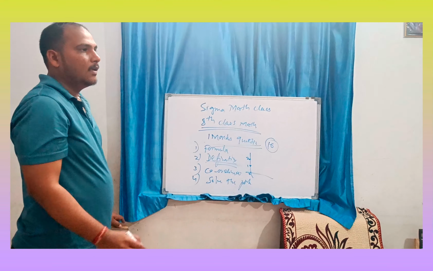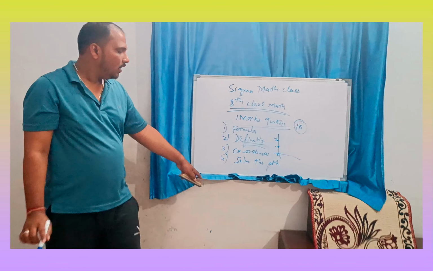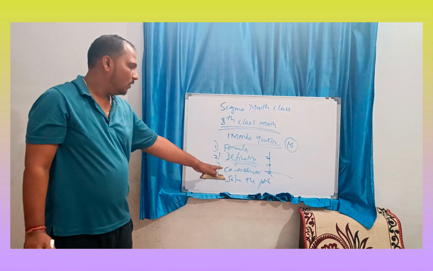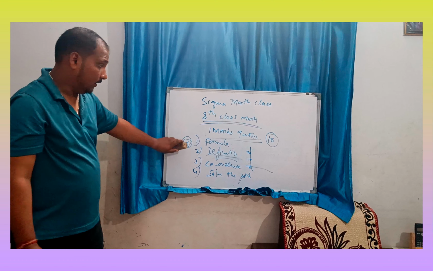So one is a formula, one is a definition, one is coordinates from the graph chapter, and one is solving the problem. Prepare these four questions and you get 4 marks.